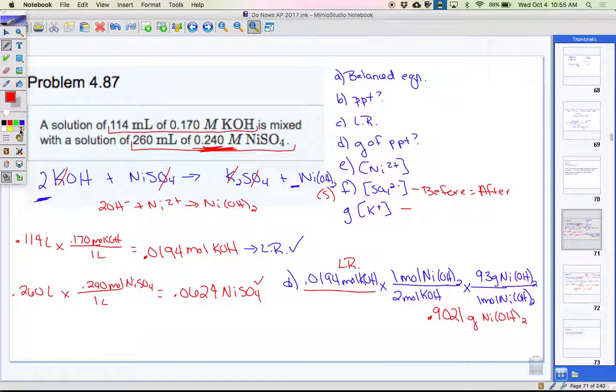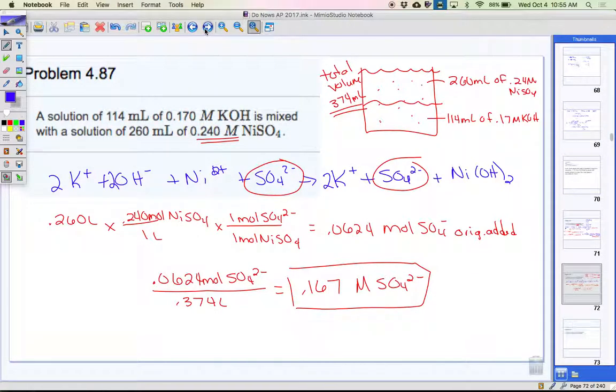I'm still a little confused. So you take the original solution and you do a stoichiometry problem with it. Well, is it stoichiometry? I'm just really doing how many sulfate ions are in there. You really could do the same problem with V1M1 equals V2M2.